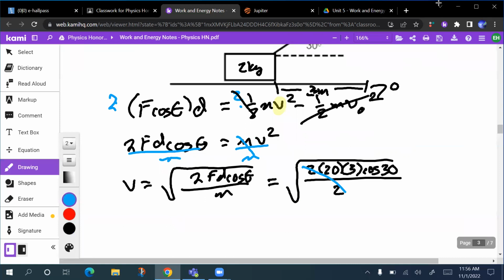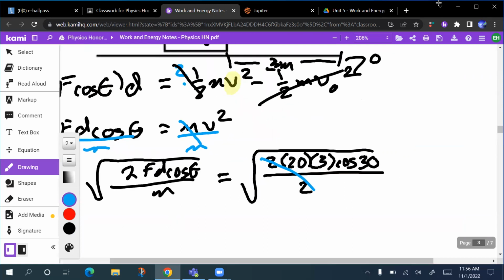And then square root that. We get roughly about 7.2 meters per second.